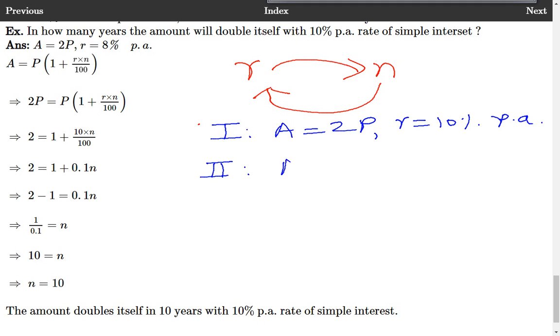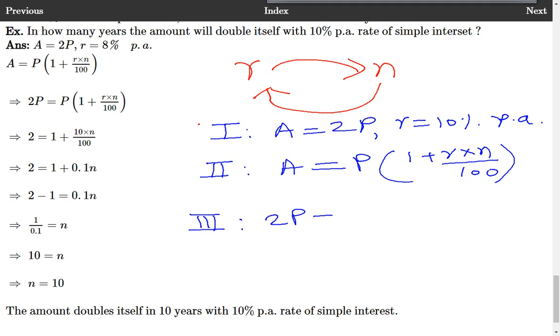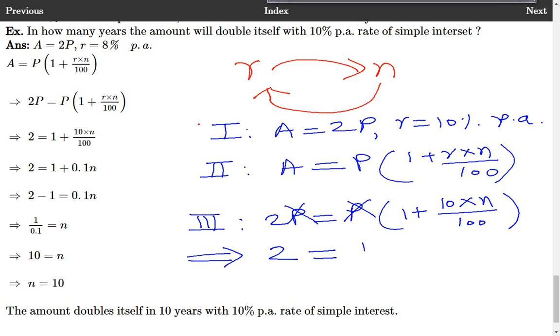Second step, write down the formula: A is equal to P into (1 plus R into N upon 100). Third step, substitute the given values. So A is 2P, it is equal to P into (1 plus R, which is 10, into N upon 100). As we have solved the equation earlier, first of all note that P gets cancelled, or we can divide both sides by P. So 2 is equal to 1 plus 0.1 into N, since 10 upon 100 is 0.1.